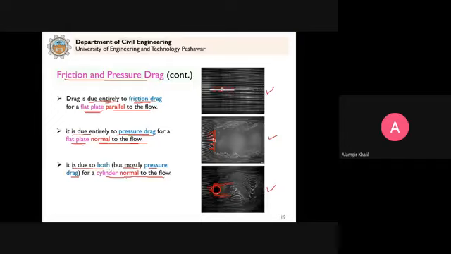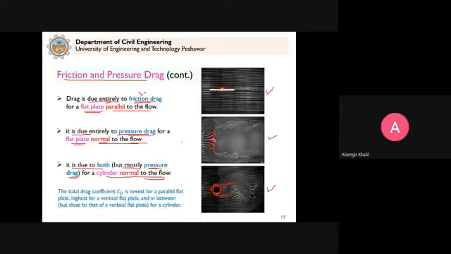So that's why it is due to both, but mostly pressure drag as compared to the friction drag for a cylinder normal to the flow. So the total drag coefficient CD is lowest for the parallel flat plate, highest for a vertical flat plate, and in between but close to that of vertical flat plate for a cylinder.